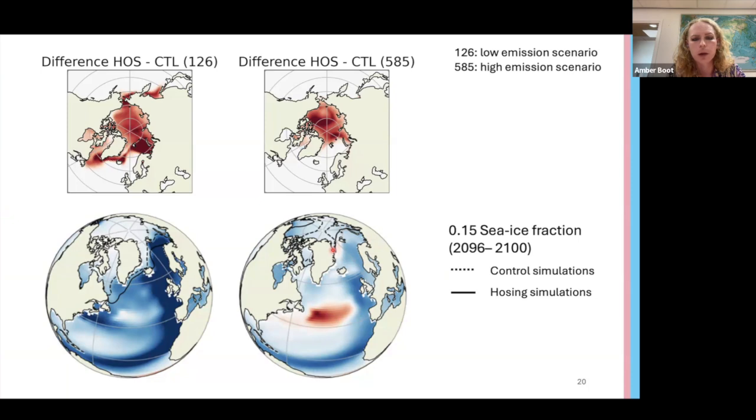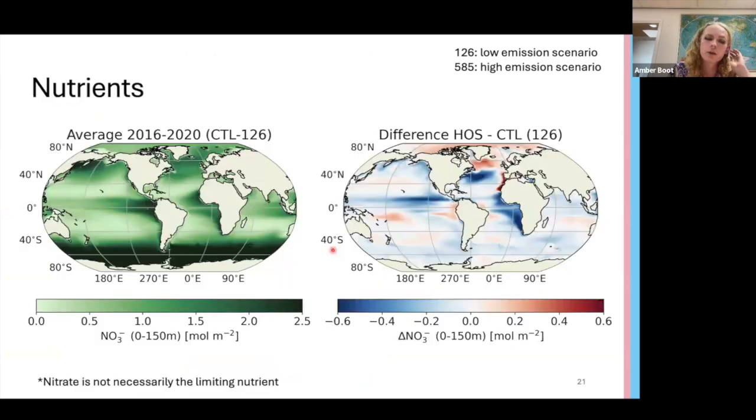Yeah, and like I already said, all these changes in the physical climate system also affect our biogeochemistry. So this is for the low emission scenario, nitrate concentrations integrated over the top 150 meters of the water column. I do want to note that nitrate is not necessarily the limiting nutrient everywhere in the ocean. We have 4 different nutrients, and nitrate is just one of them.